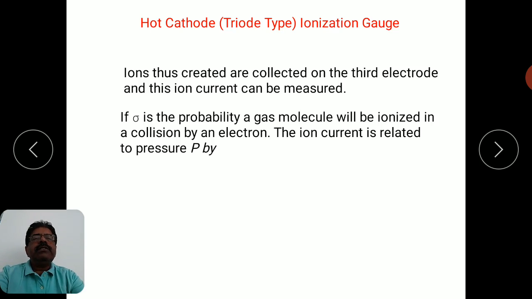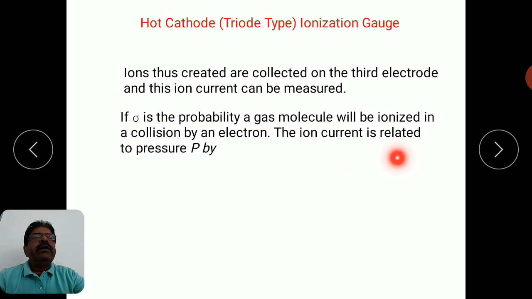Now let us see some theoretical, mathematical representation of this process. Let us assume that sigma is the probability that a gas molecule can be ionized, that is, the probability of ionization in a collision by an electron. So let us assume that sigma is the ionization probability for a particular gas species.